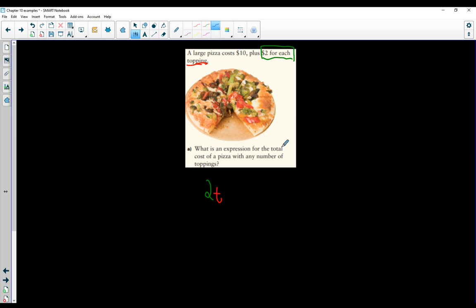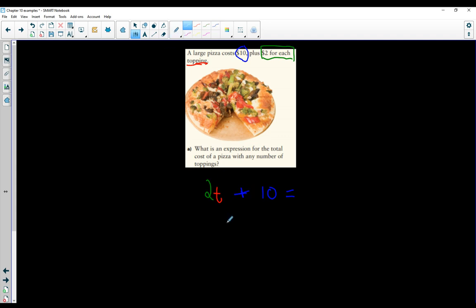And then finally, is there a constant? There sure is. No matter if you get 1 topping or 10 toppings or 12 toppings, there's going to be a constant price of $10 for this pizza. So using that information, we just came up with our expression that we could use to calculate the cost of a pizza.